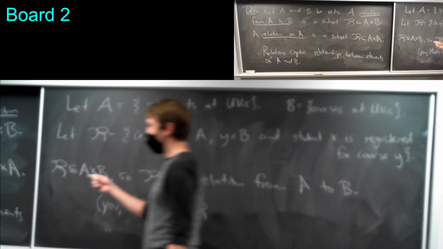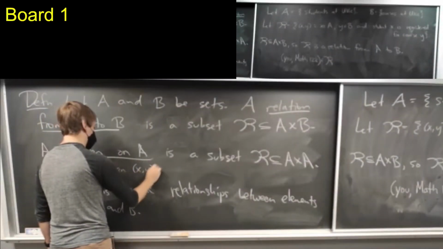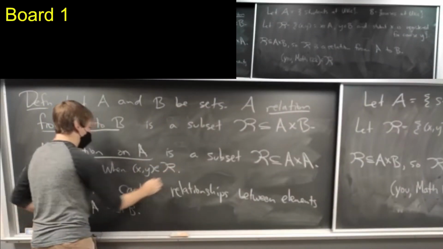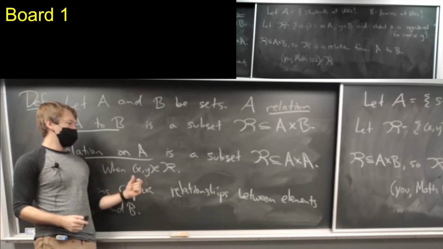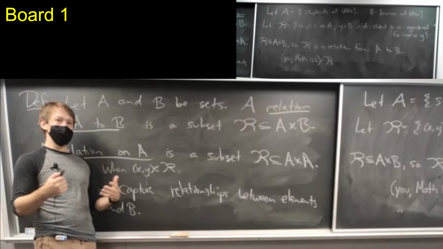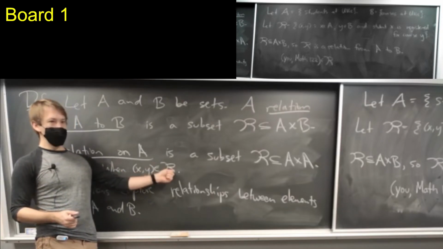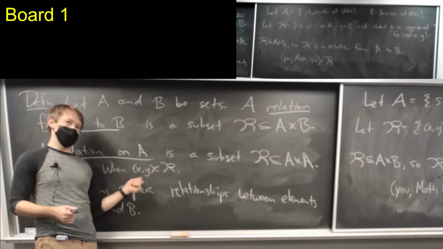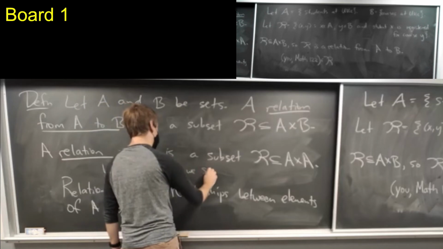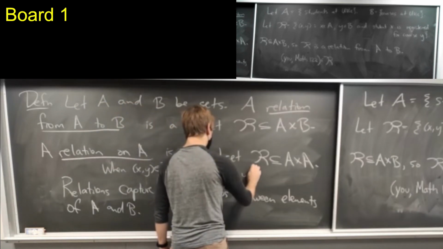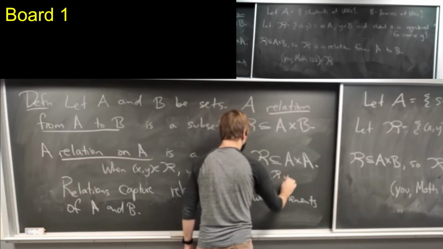We often, so maybe I should say in plain English, if I write (x, y) is in the relation R, you can translate this in English to x is related to y under the relation R. But as a shorthand, we just write this, right? And we sometimes write just x R y.